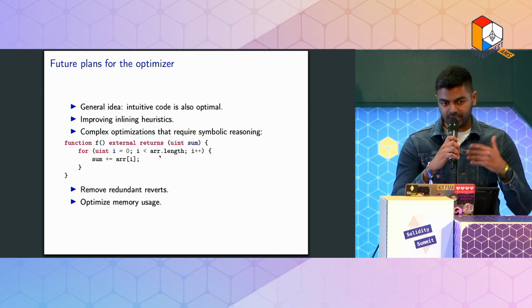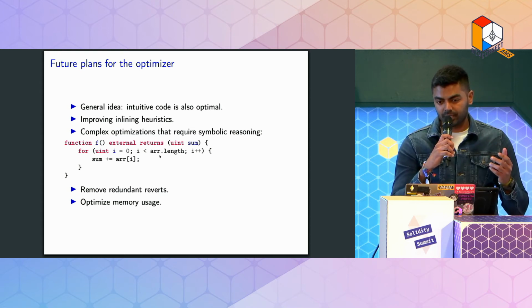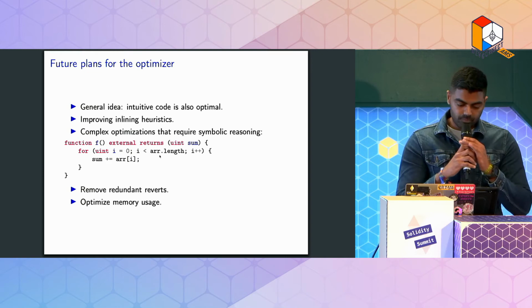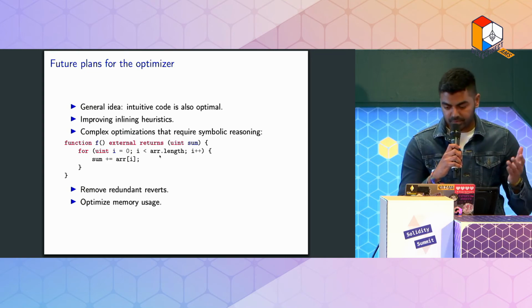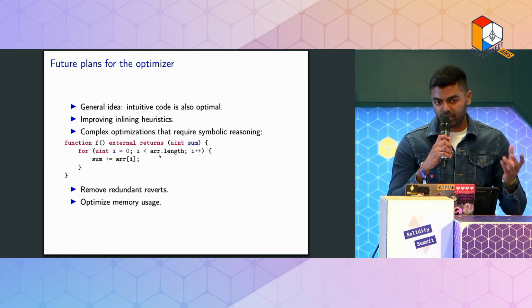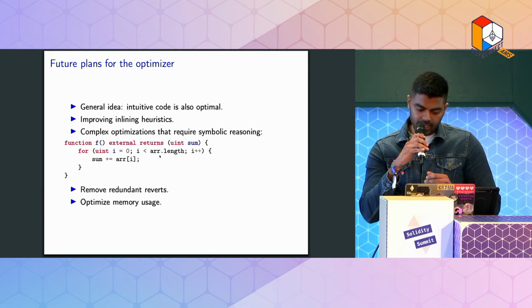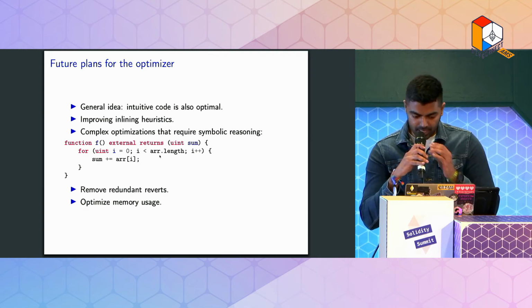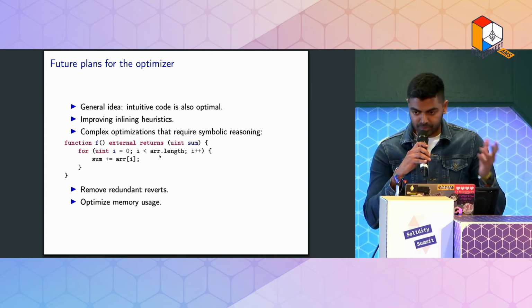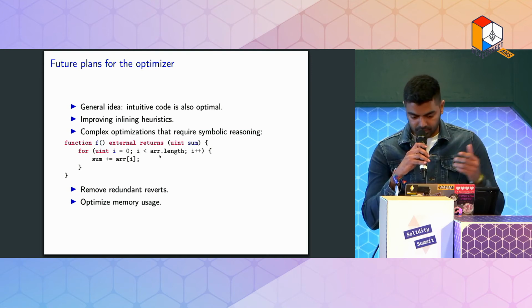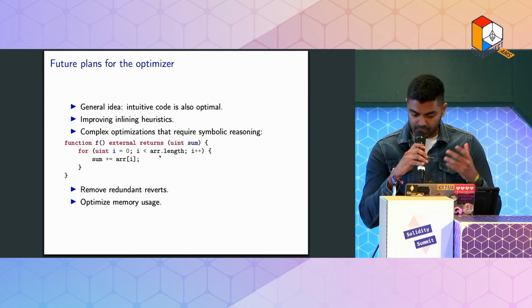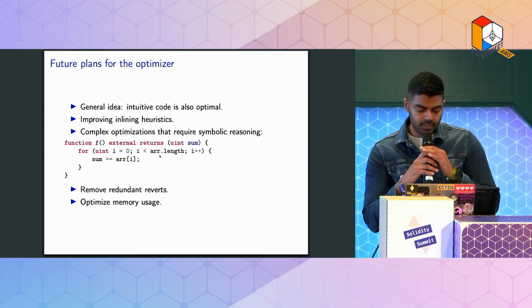At the same time, it also introduces some problems like non-determinism, which is very annoying if you want to properly verify contracts. And one big challenge for the optimizer is to optimize memory usage. This is something that the compiler currently struggles with.